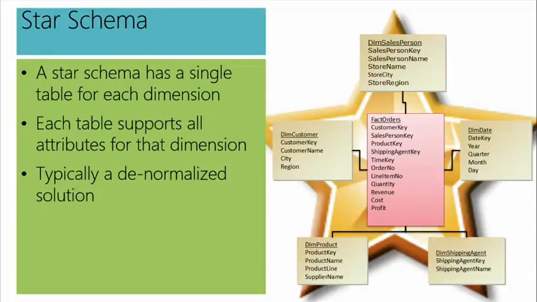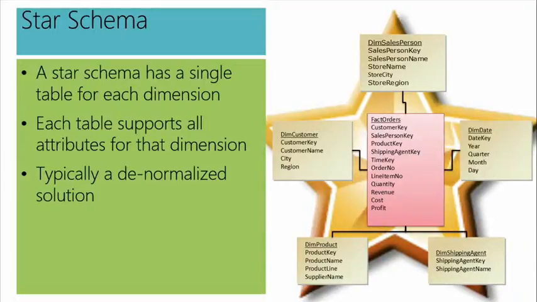When you see a star, you think about individual spokes coming out from a center hub, right? So what we're talking about here is when we're dealing with dimensions, we're trying to show, by calling it a star schema, that every dimension is tied directly to the fact table, the measure table, the one that contains all the important stuff. Dimensions give you the ability to qualify your measures, to add meaning to what that measure is about.